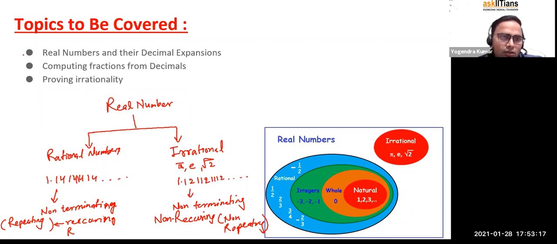I know these are not the topics for this class, but as this was left out, let me complete that here, and after that we will continue further. Next we are going to see real numbers and their decimal expansions, converting decimals to fractions, and proving irrationality.